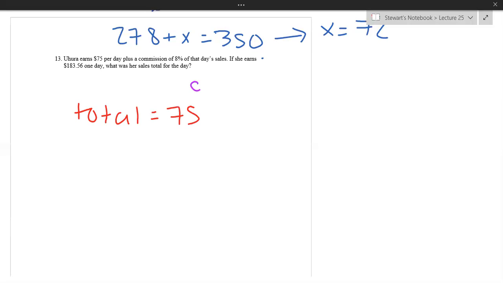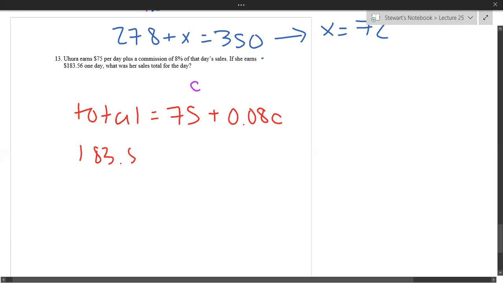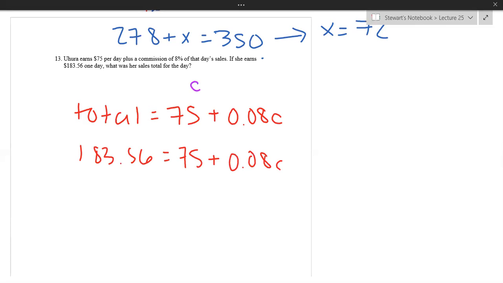She always makes $75, and then she has her commission added onto it, which is 8% or 0.08 times the amount of sales that she makes. So we don't know what the sales are, but we do know the total. We know that the total is $183.56, and that's equal to $75 plus her commission, which is 8% times the sales.